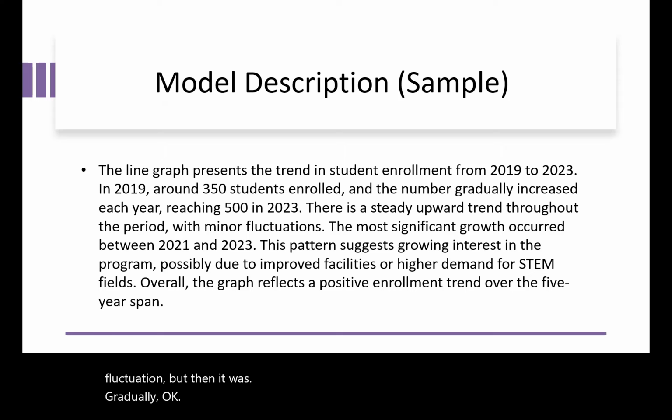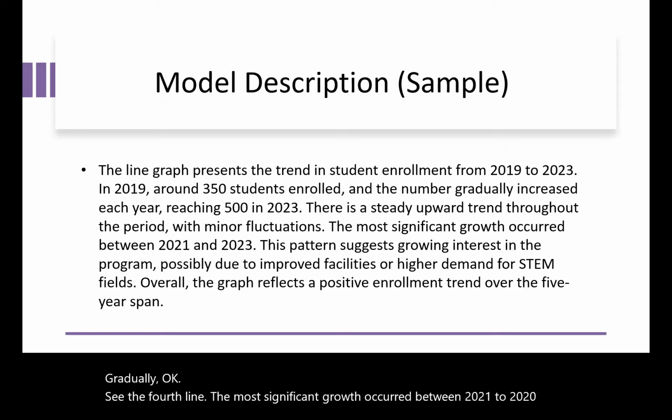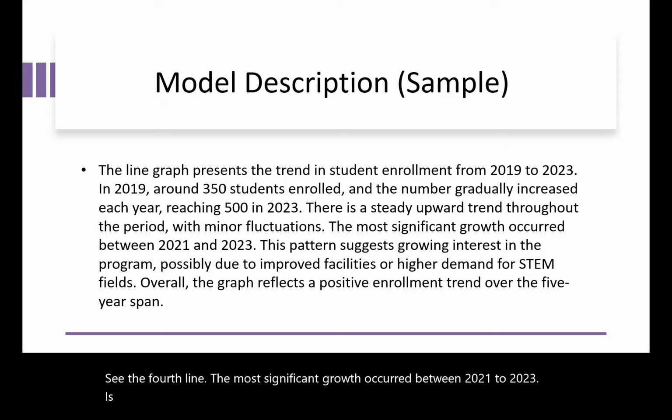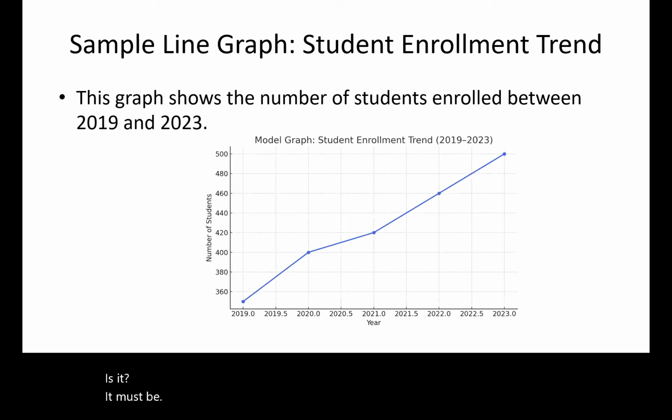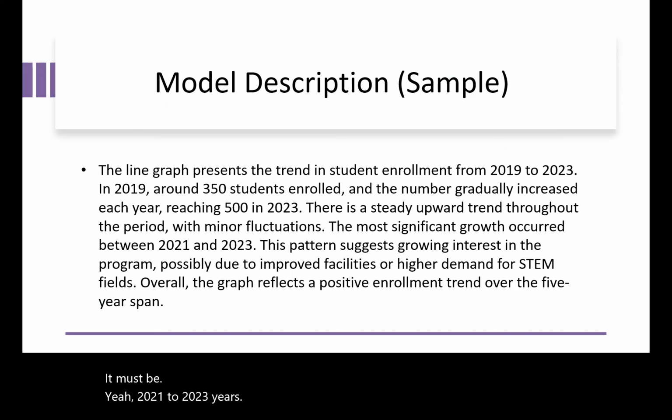See the fourth line. The most significant growth occurred between 2021 to 2023. Is it? It must be. Yeah, 2021 to 2023. Okay. Now we are coming to the bigger picture of the description. What is it?